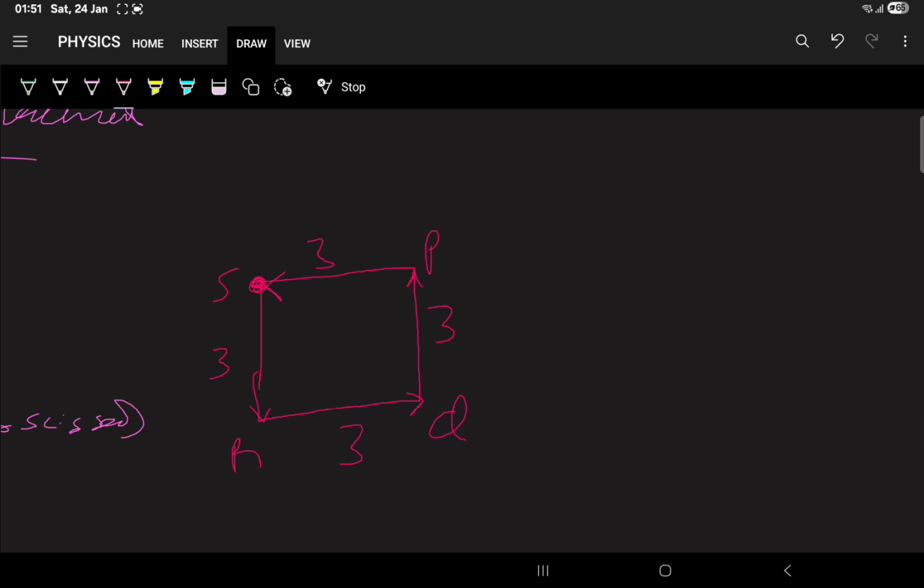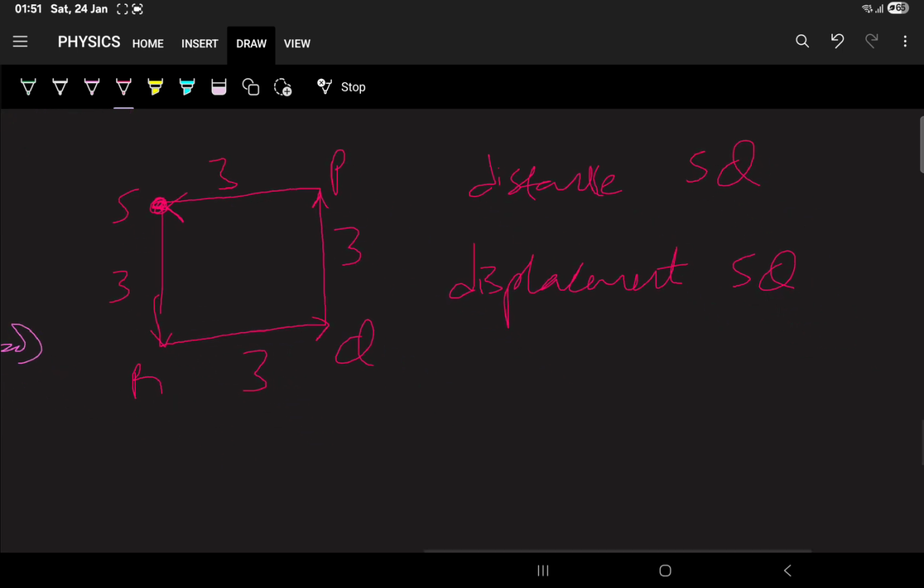Now let's say we're asked to find the distance SQ, the distance between S and Q, and the displacement of SQ also.